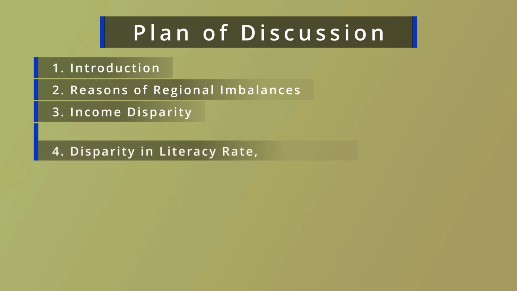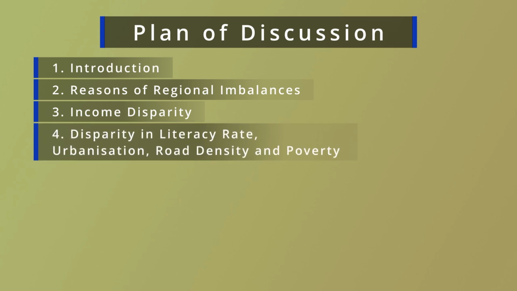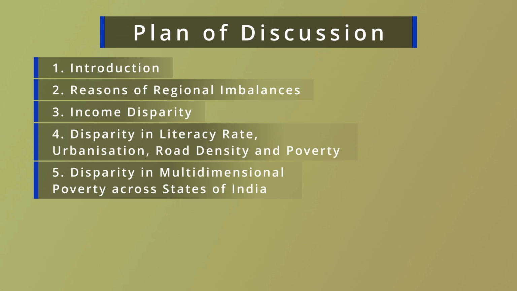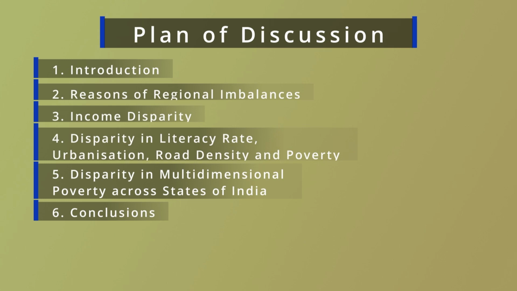Whereas Section 4 describes the regional imbalances in respect of some development indicators, and Section 5 is the multidimensional poverty, or variation of the multidimensional poverty, to understand the regional imbalances. And finally, Section 6 makes some concluding observations.